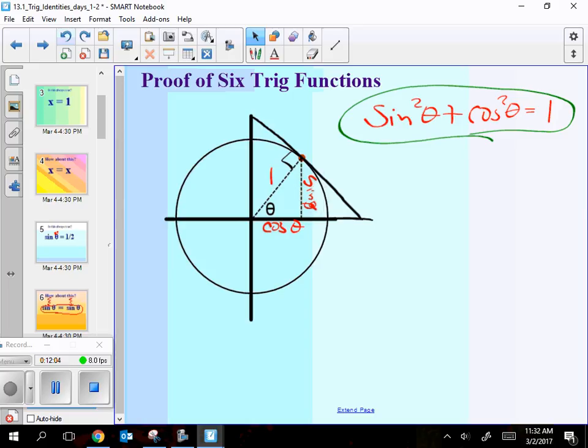Okay, now I said it was the tangent line, and it is. It's made up of, from here to here, can be visually represented as tangent. And from here to here can be visually represented as, take a wild guess, cotangent.